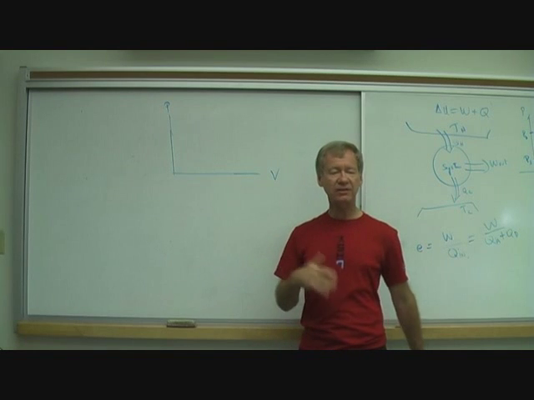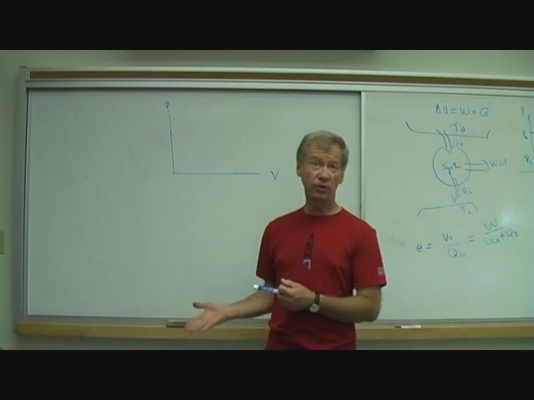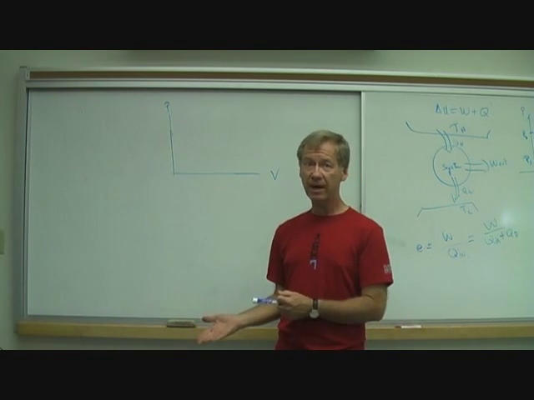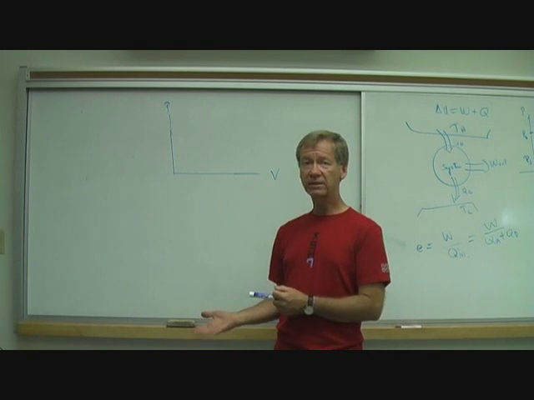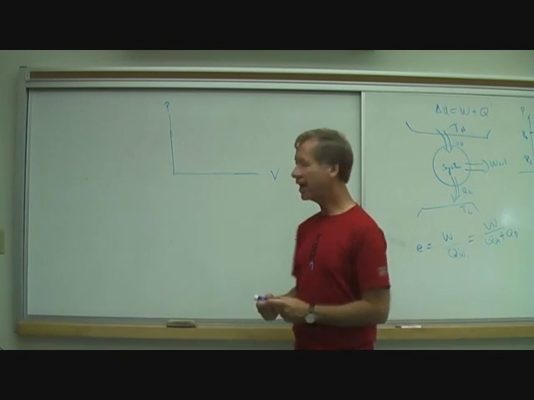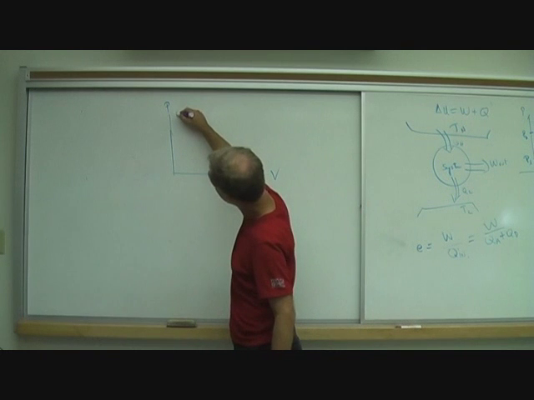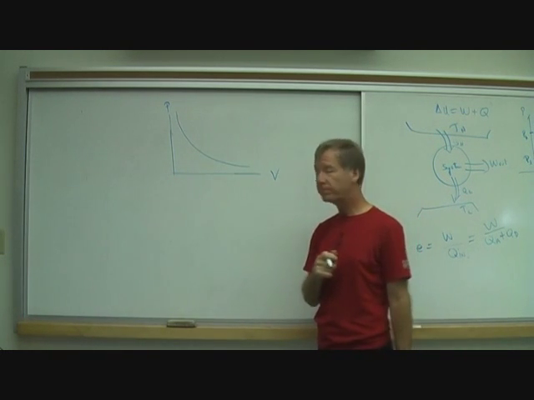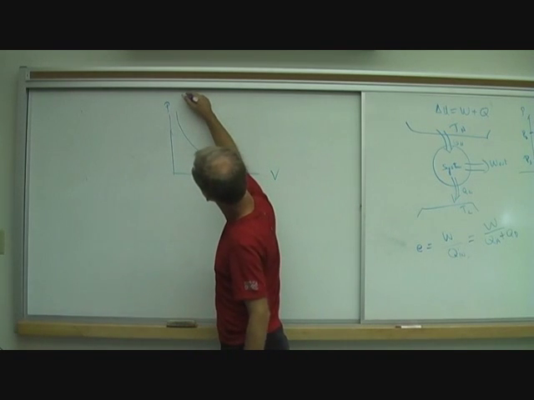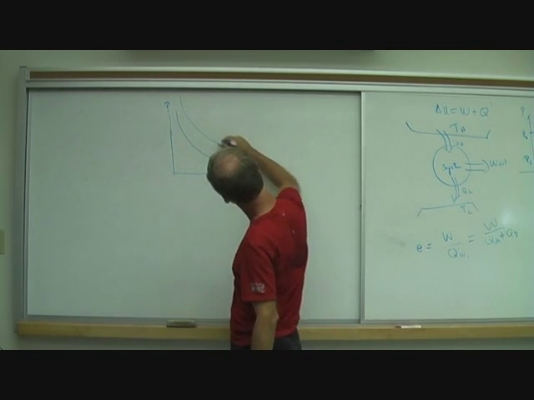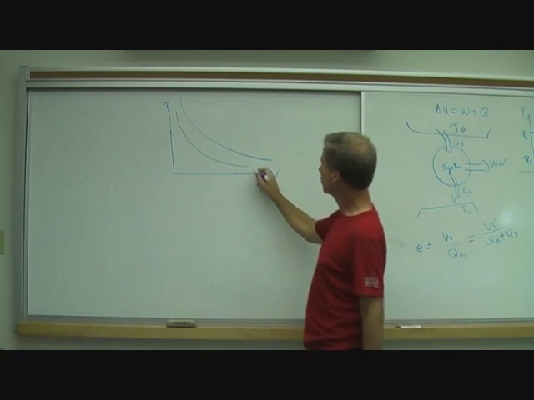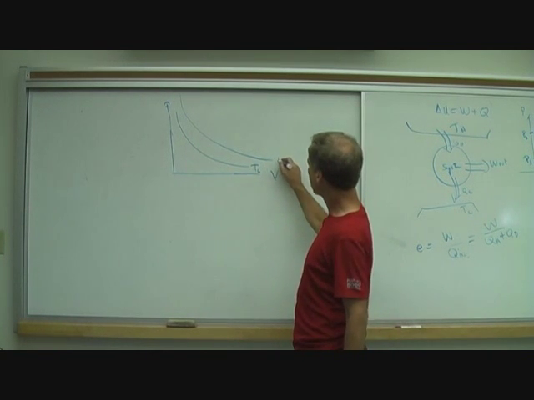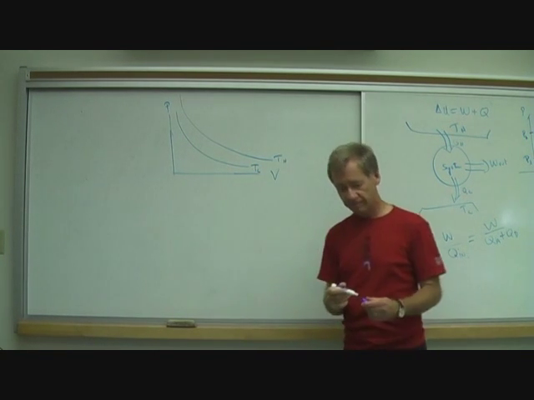So, in fact, let's draw up those other 2 sets that we didn't talk about before when we did cycles, and see what happens. So here is one isotherm. Here would be another isotherm. So here would be a cold temperature and a hot temperature.